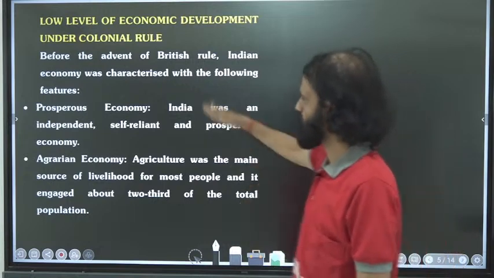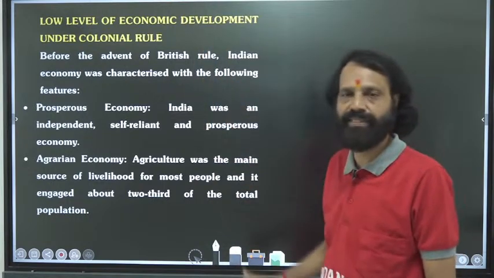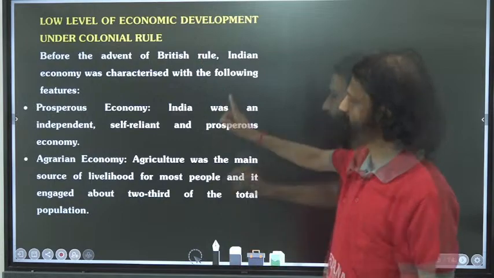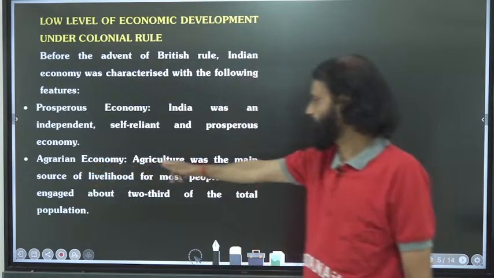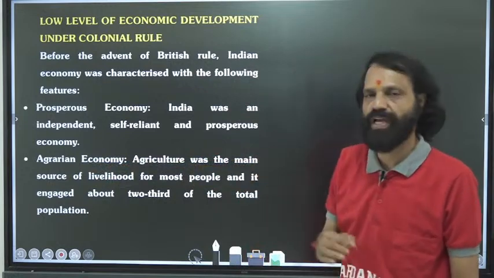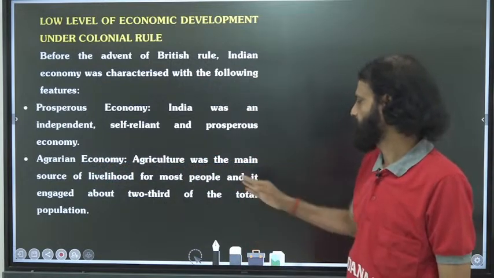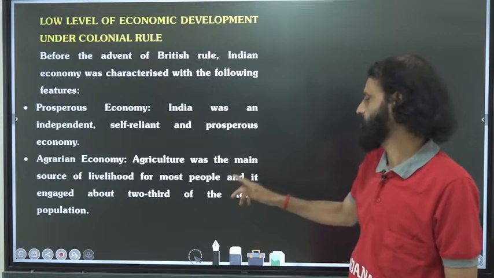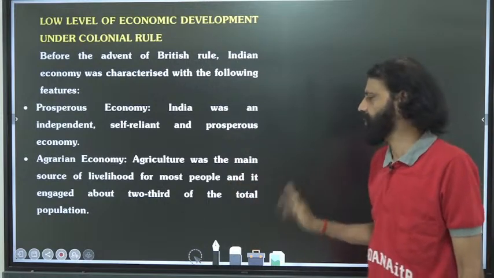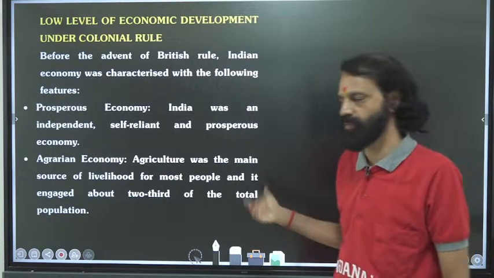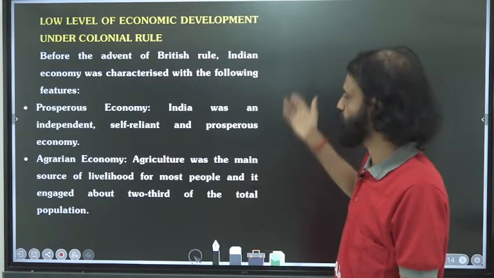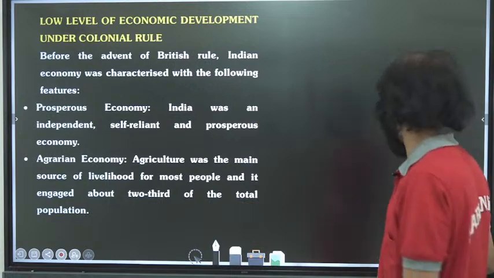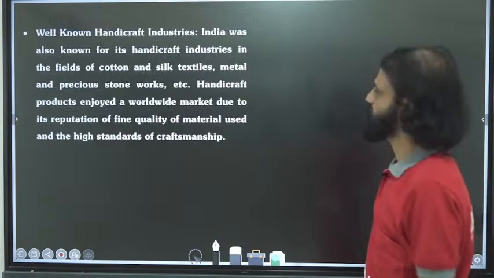These are the main points you need to remember: India was prosperous, an agrarian economy, agriculture was the main source of livelihood for most people, and it engaged about 2/3 of the total population. Then we can check the next one.